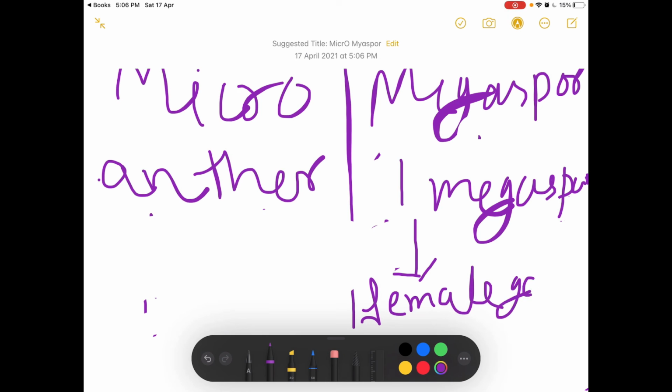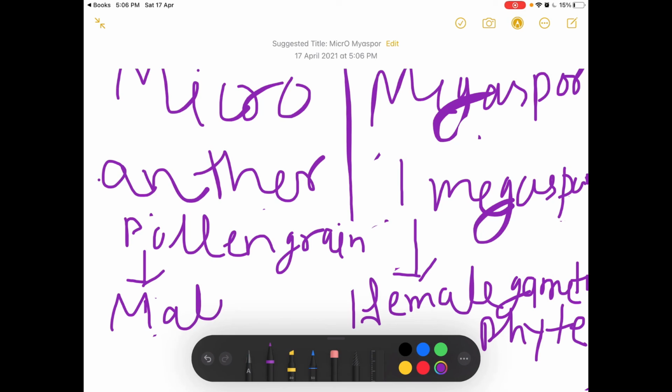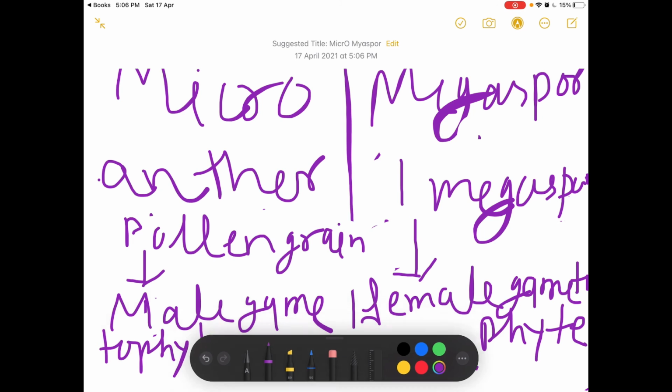Female gametophyte. And the pollen grain inside the anther will be called male gametophyte.